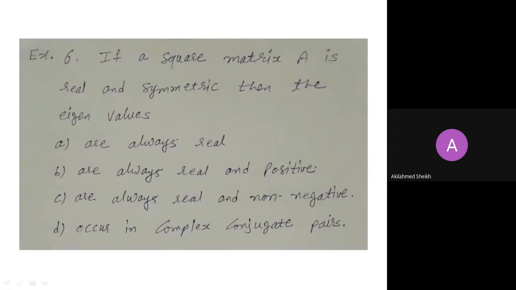Next example. If a square matrix A is real and symmetric, then the eigenvalues are... The given matrix is symmetric, which is also real. Option A: are always real. Second option: are always real and positive. Third option: are always real and non-negative.